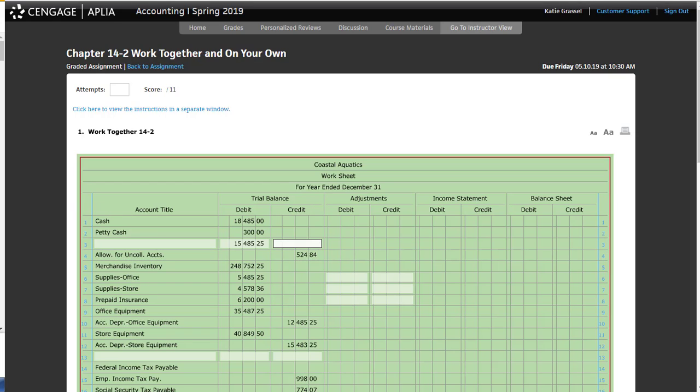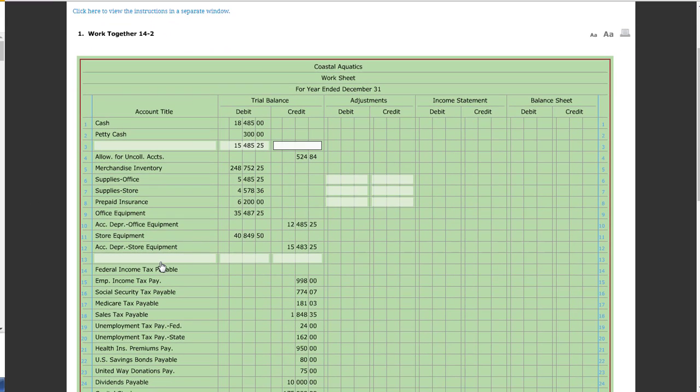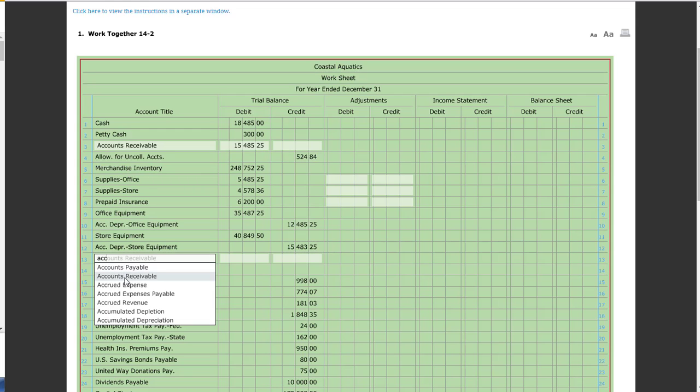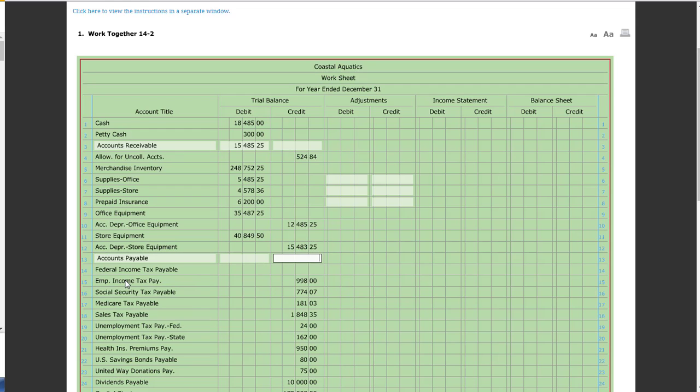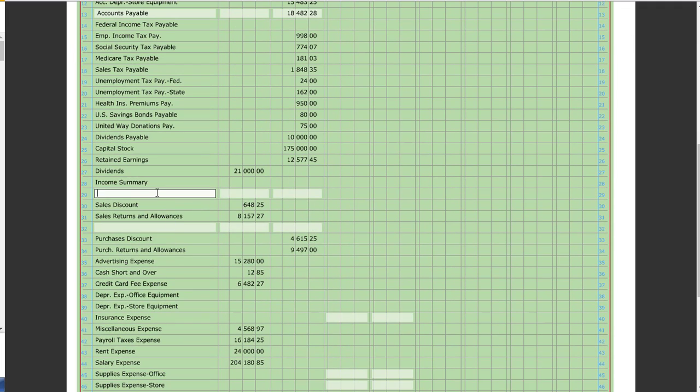Then accounts payable. What type of account is it? Liability. Anything that ends with the word payable is a liability. Oh, I got to put the account title too, don't I? On line 13, I'm going to put accounts payable. And I'm going to put it in as a credit of $18,482.28. Sales, classification. Yes, revenue.